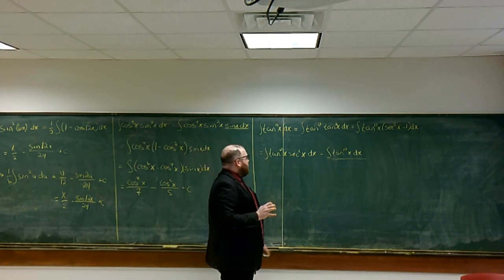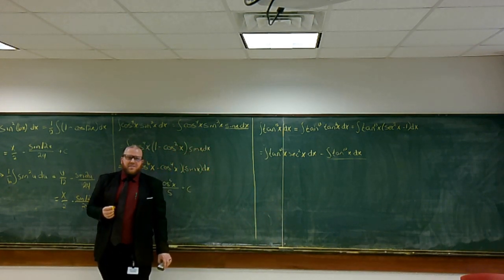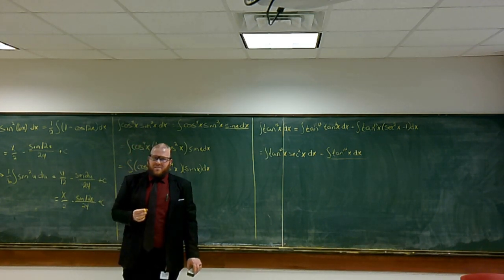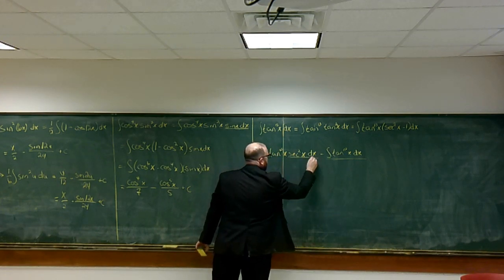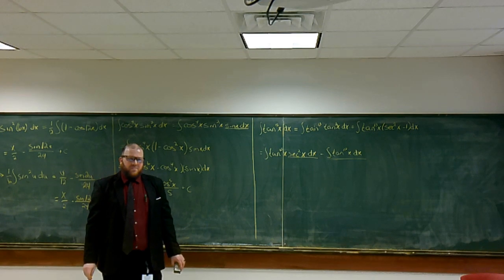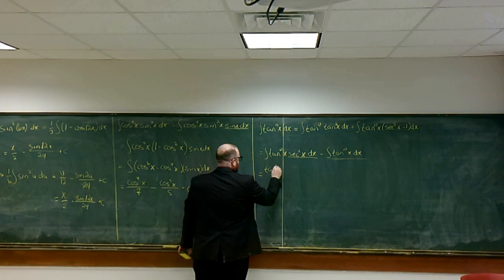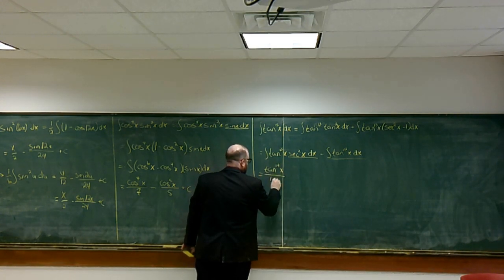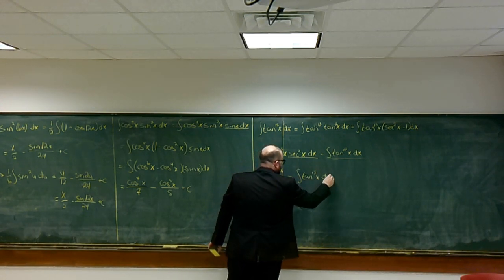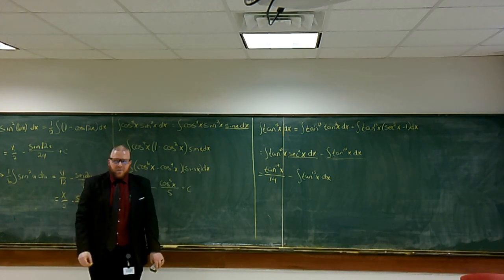What is the derivative of tangent? Secant squared. U to the 13th du. So there you go. Tangent to the 14th x over 14 minus that antiderivative.